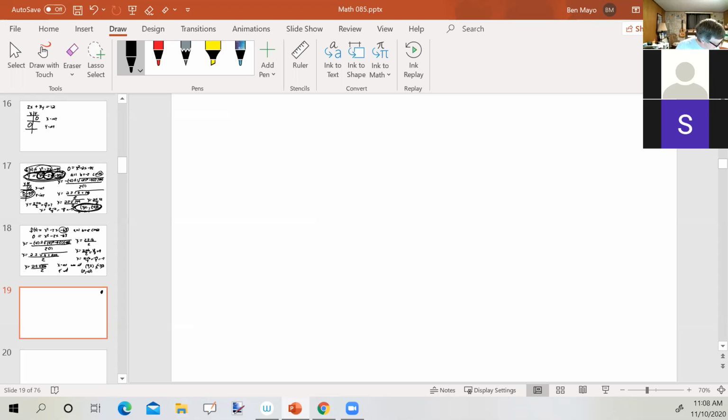Okay. This says fireworks. And I will read this through several times because it's not something you can see on the screen. A fireworks shell is shot up with an initial velocity of 120 feet per second. Its height, s, in feet after t seconds is approximated by the equation s equals 120t minus 16t squared.